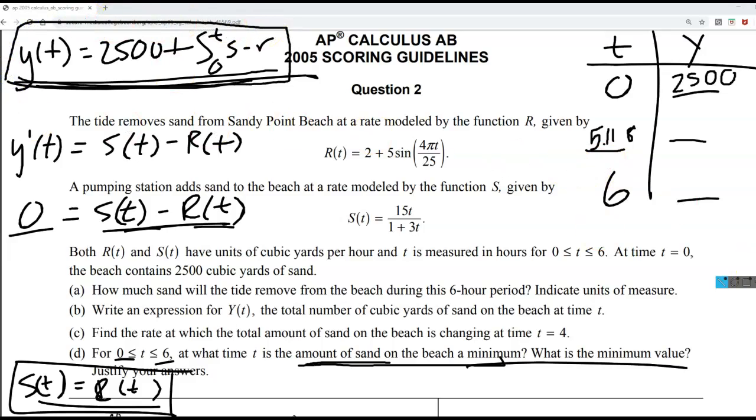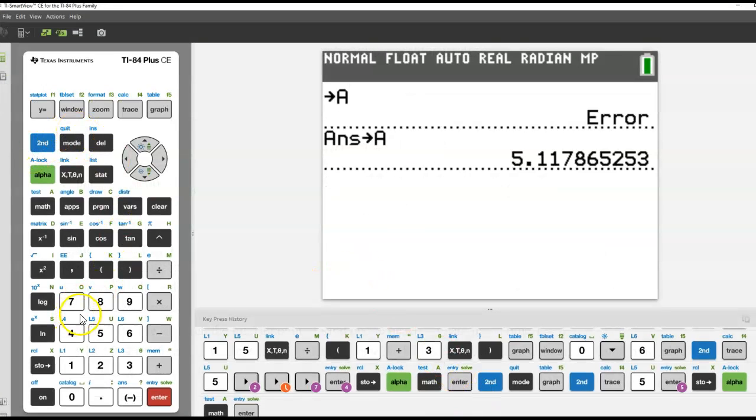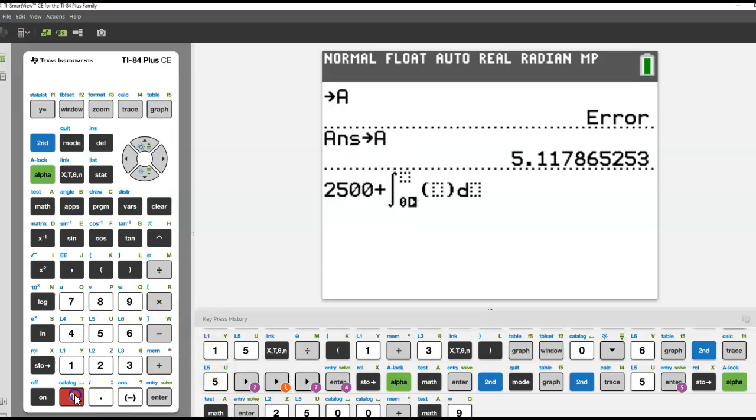Okay, so let's go back to our calculator and we have y0, which is 2,500, plus the integral from 0 to, my first one I want to plug in is where they cross, so that's 5.118. So I'm going to push up, and I'm going to push alpha A. So I'm putting in the A there, and we're doing the rate in minus the rate out.